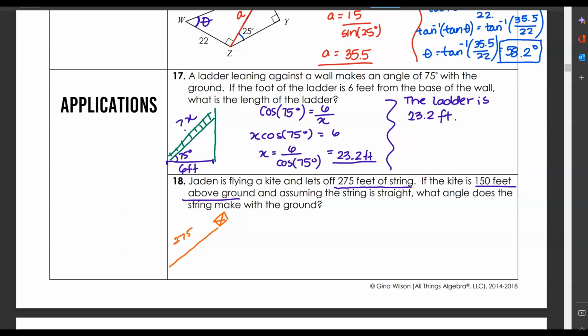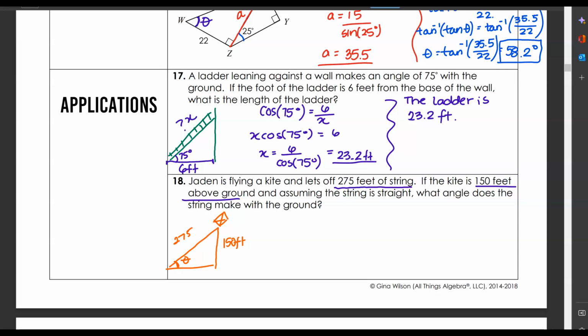If the kite is 150 off the ground, so here's 150 feet off the ground, assume the string is straight. What angle does the string make with the ground? If this is our ground here, we're looking for this angle here. This is our theta that we're looking for.